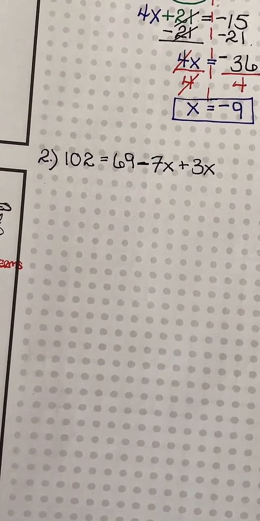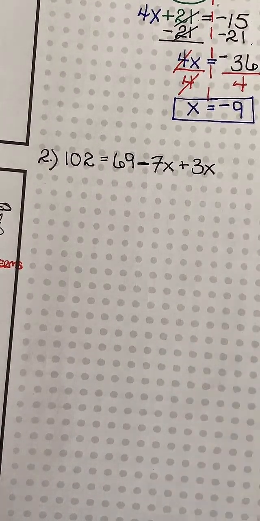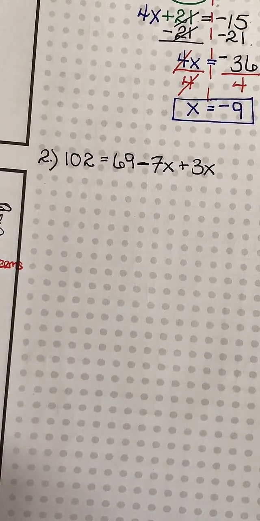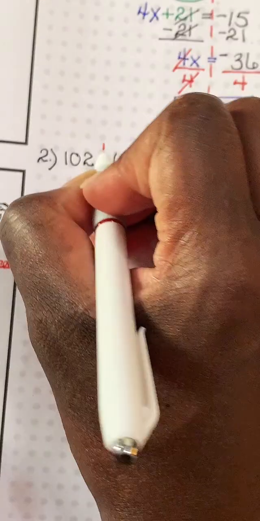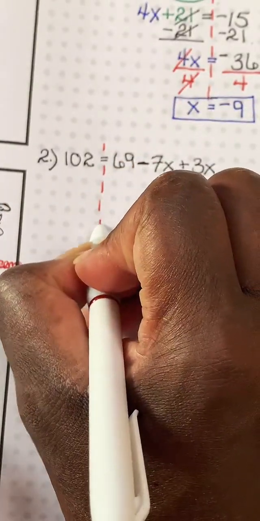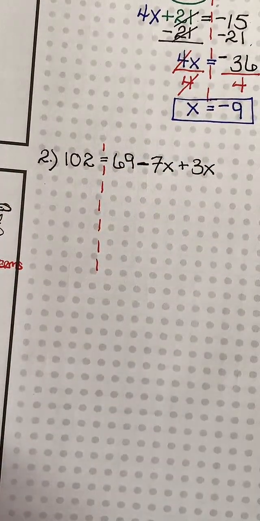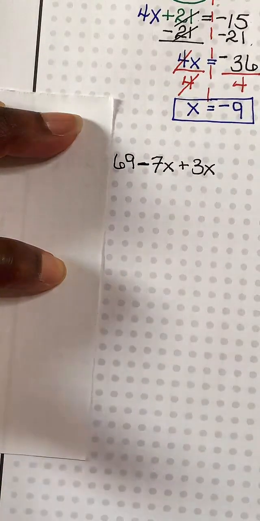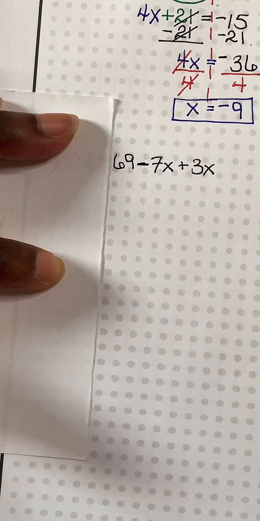So let's take that little piece of paper. Instead of looking at it as one big, let's see where most of my activity is happening. The equal sign is here, so I'm making it a little barrier. I'm going to cover up this side so we can focus on here. So now, what are my like terms? Go ahead.